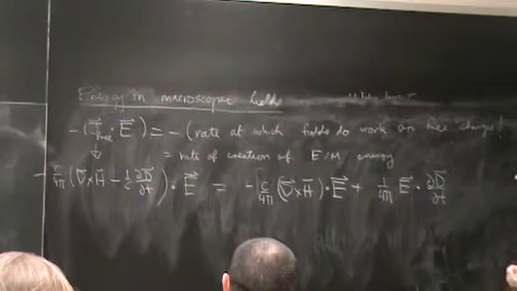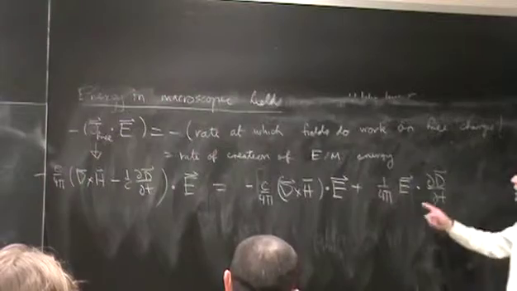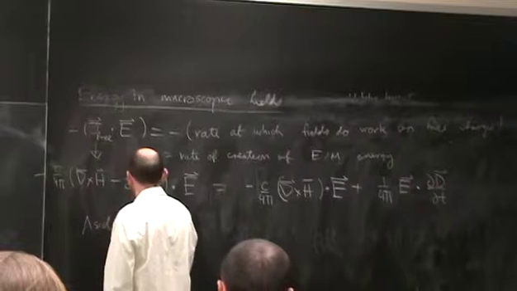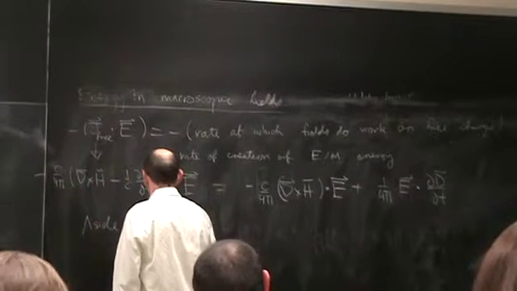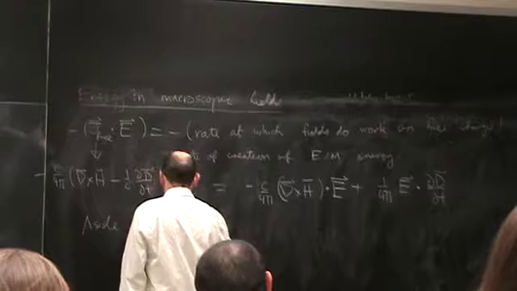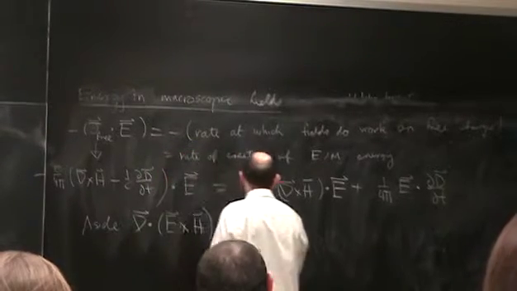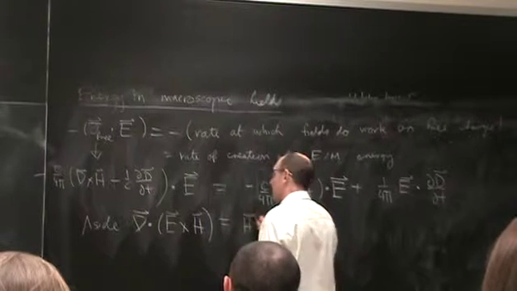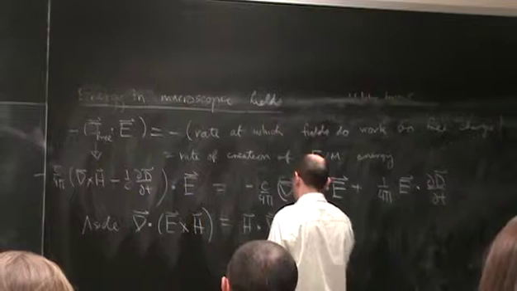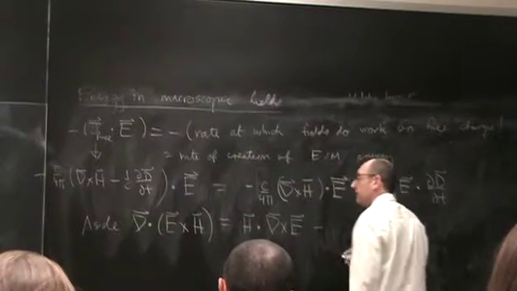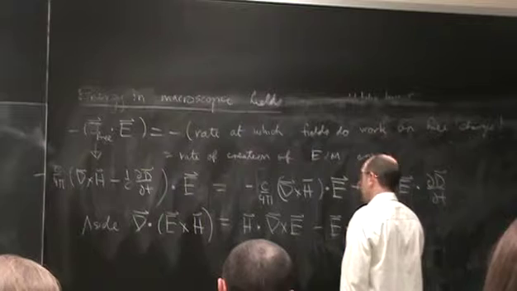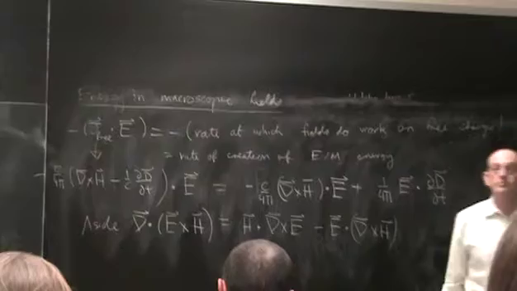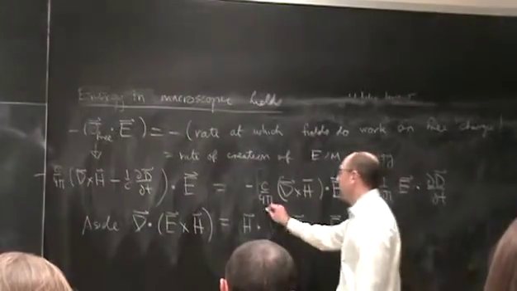So what does that equal? Well, we can do a little aside over here, and with a little bit of manipulation show that the divergence of the vector E cross H is equal to H dotted into del cross E minus E dotted into del cross H. How do you do it?